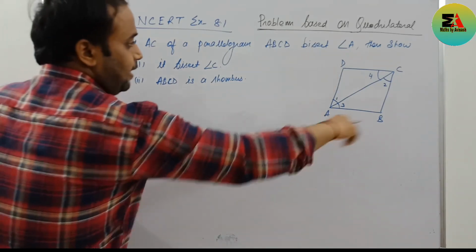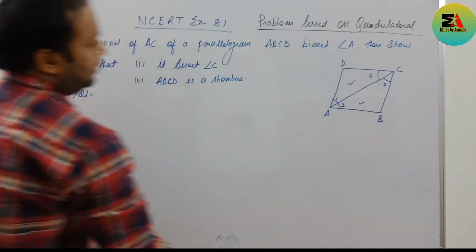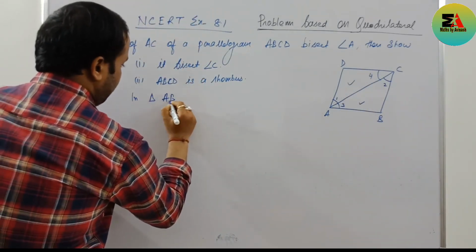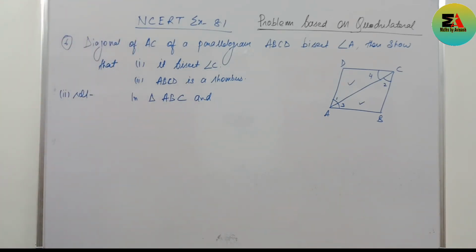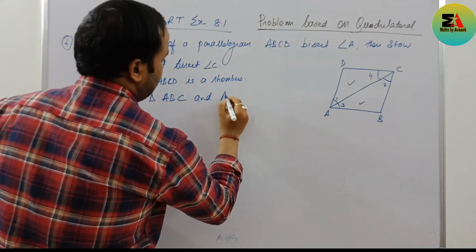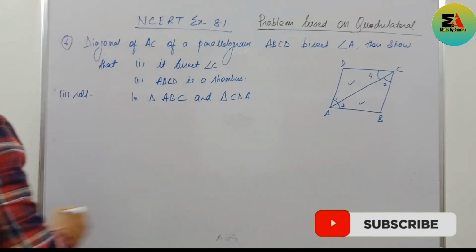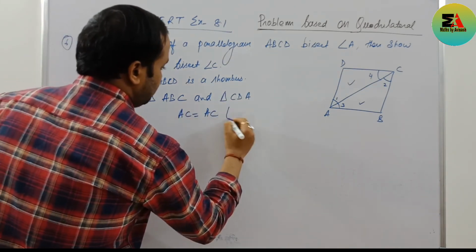We have to take triangle ABC, this one, and triangle DAC. In triangle ABC and triangle CDA, first of all AC equals AC.